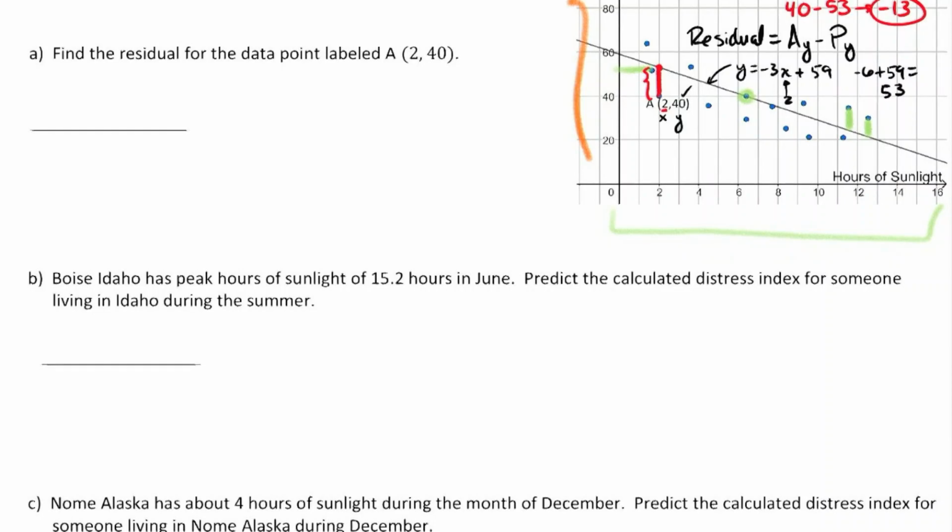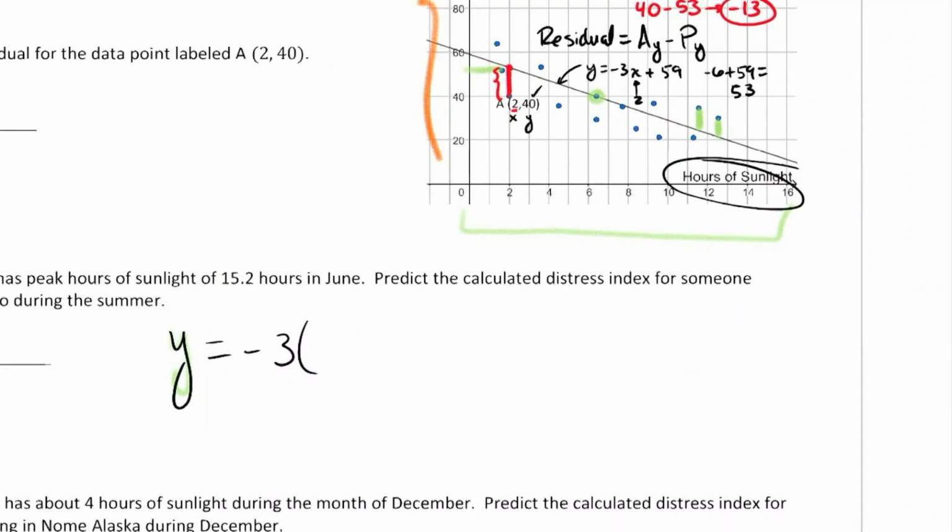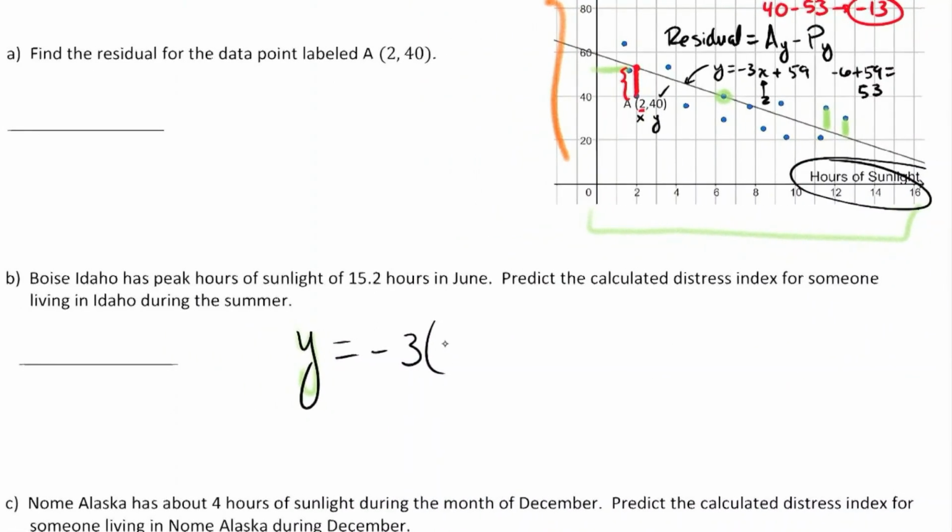So the prediction, what is that? Well, again, my model is y is equal to negative 3 times hours of sunlight. That's what x was, hours of sunlight. I'm just going to plug that in. It was 15.2, and then plus the number 59.